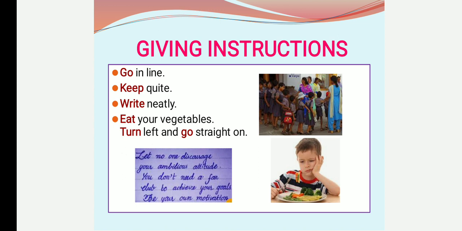While you are writing your homework, your teacher and your parents advise you to write neatly. And few of us, even now, hate to eat vegetables, so your parents instruct you to eat vegetables. So while we are framing an imperative sentence, we write only in simple present tense.